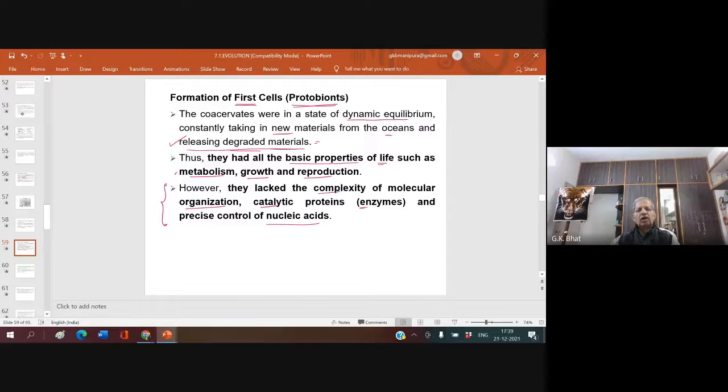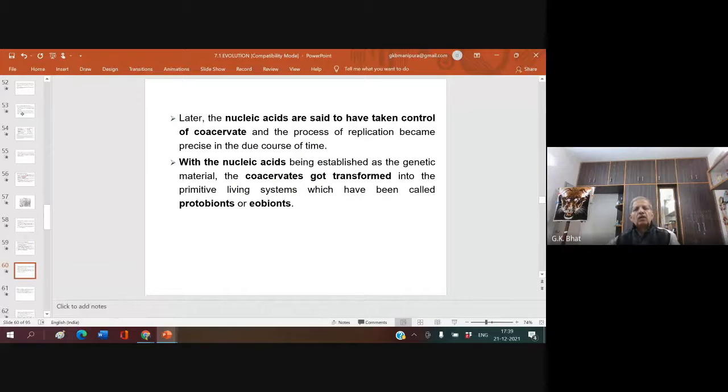They showed almost all the properties of life except for molecular organization, presence of enzymes, and precise control of nucleic acids, that is the DNA and RNA. Later, the nucleic acids are said to have taken control of the coacervates. That means nucleic acids appeared, and the process of replication became precise in due course of time. Replication of the nucleic acid.